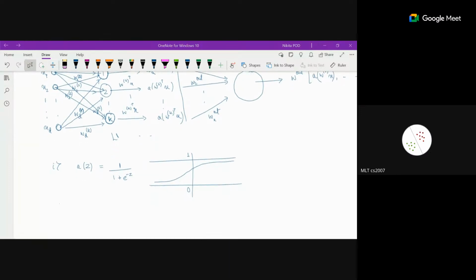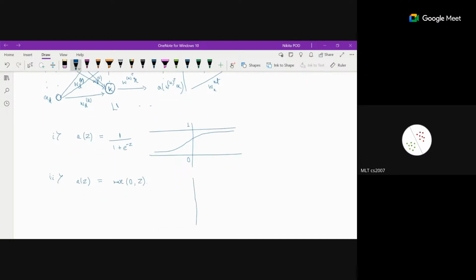And the other activation function that you're going to look at is called the ReLU function, and that is defined as just max of 0 comma z. How can this be seen? So if z is less than 0, this is 0, otherwise it is z.